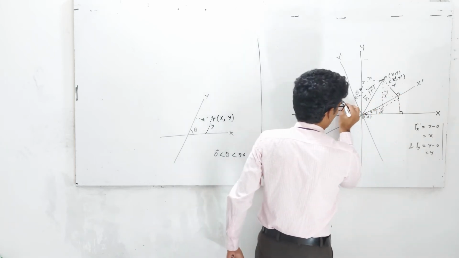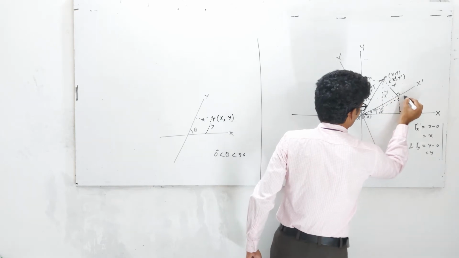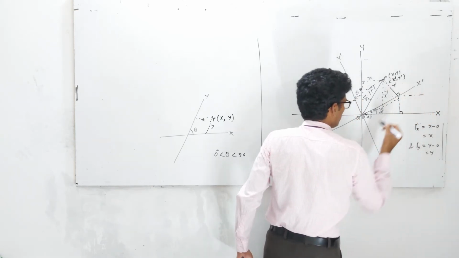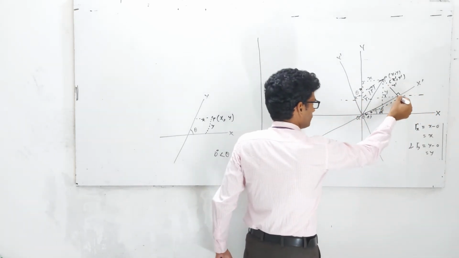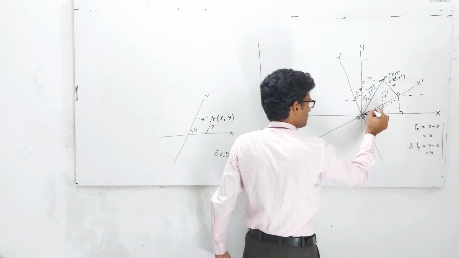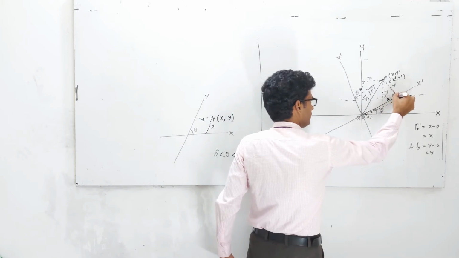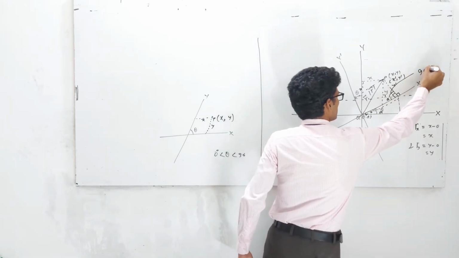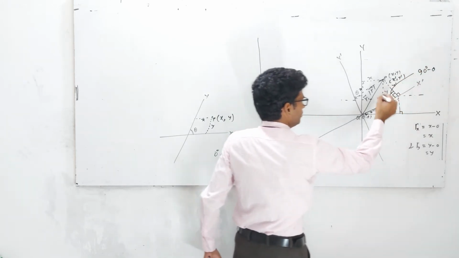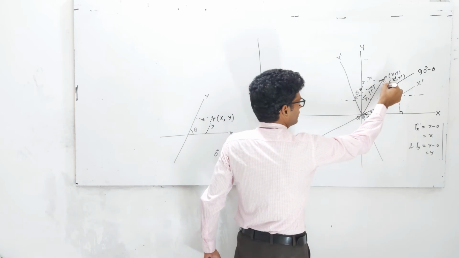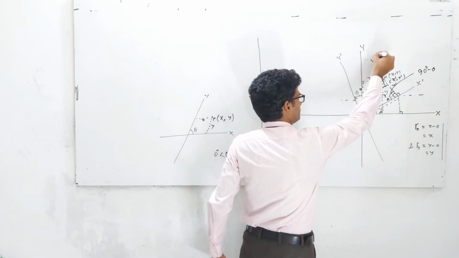Now extend from both the ends. Look at here, these two lines are parallel, so this is a transversal, so this angle is theta, then it is also theta. Now it is right angle, then also it is a right angle, so this angle comes out to be 90 degree minus theta. Look at here, this is also 90 degree, then it comes out to be theta.